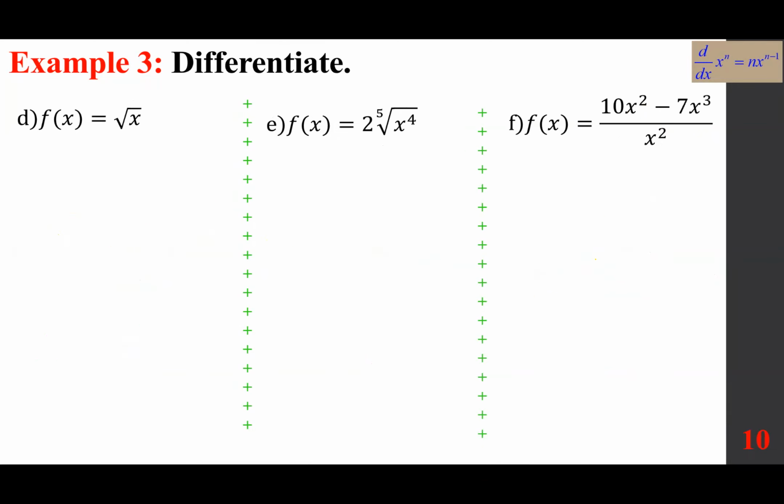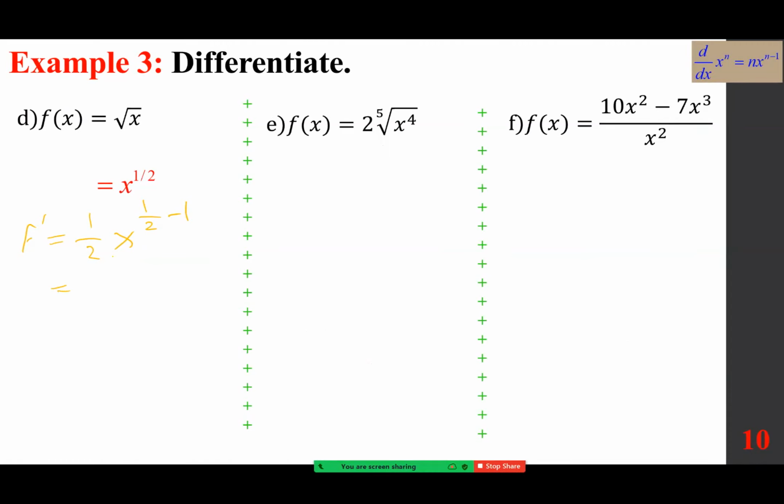Again, we have to use algebraic steps so it becomes possible to use the power rule. This one, the first one we've seen, we're going to rewrite as x to the power of 1/2. F prime is 1/2 x to the power of 1/2 minus 1.